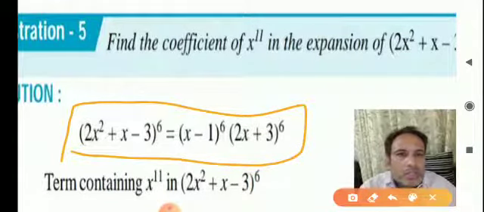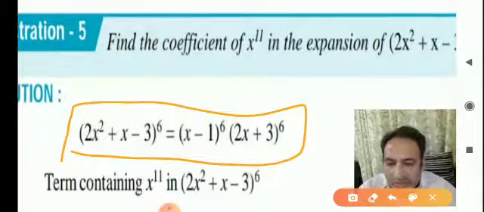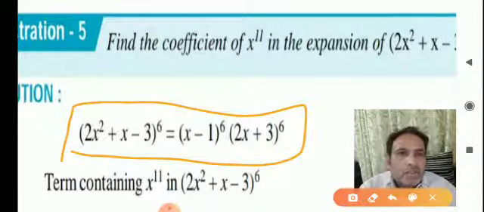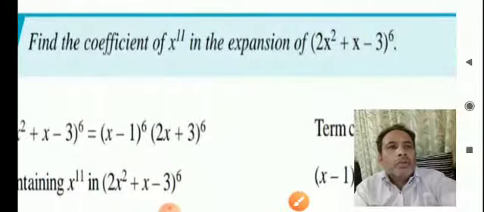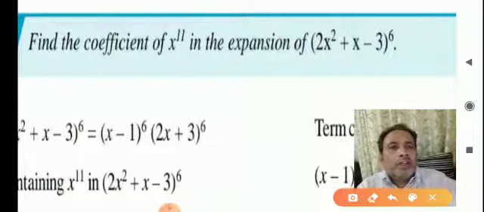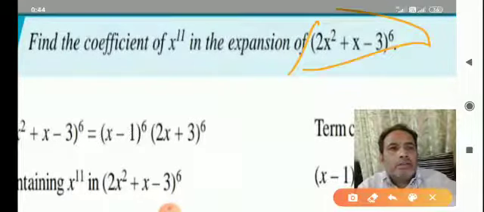So 2x square plus x minus 3 can be reduced into x minus 1 and 2x plus 3, two different linear factors. You have to find the coefficient of x to the power 11 overall in this trinomial, right?